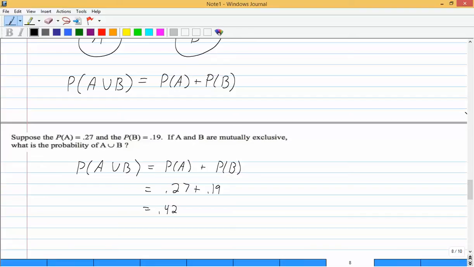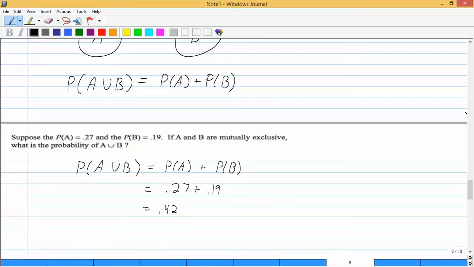Another example is given on your PowerPoint. You can look through that. These actual sets A and B would be events, so things that could happen.